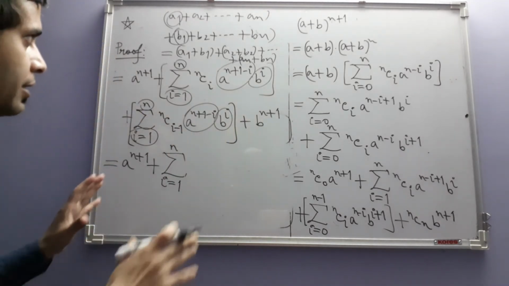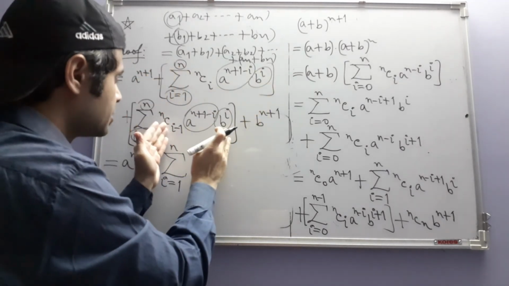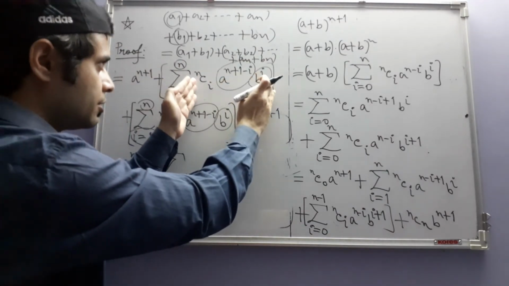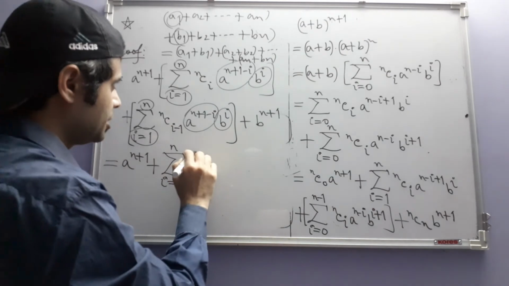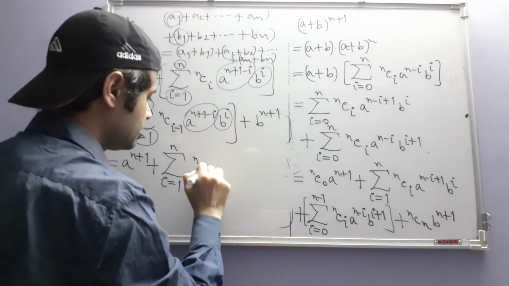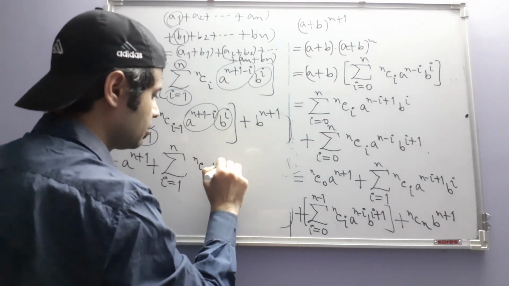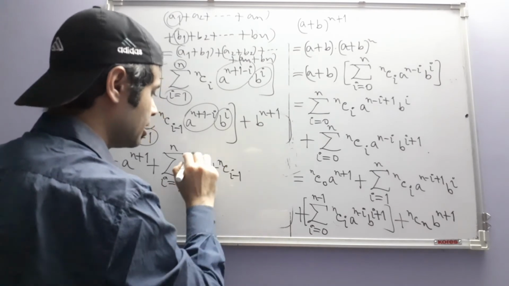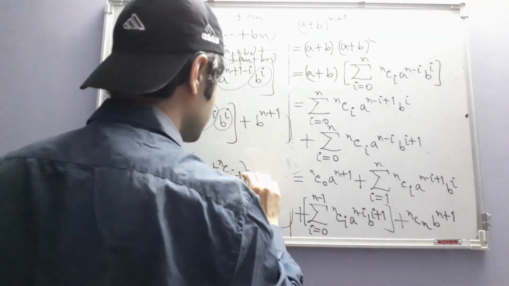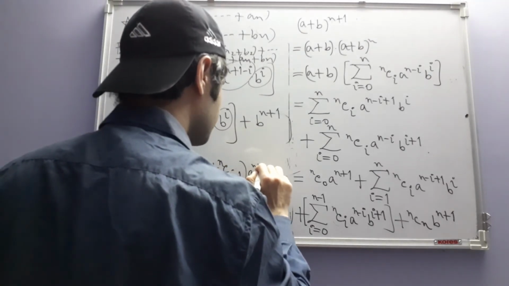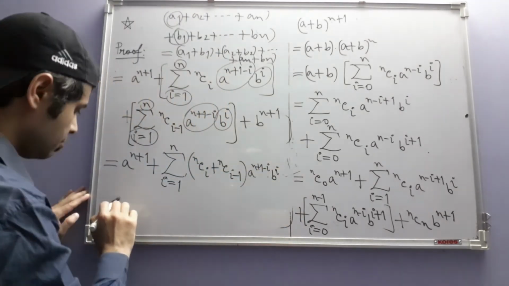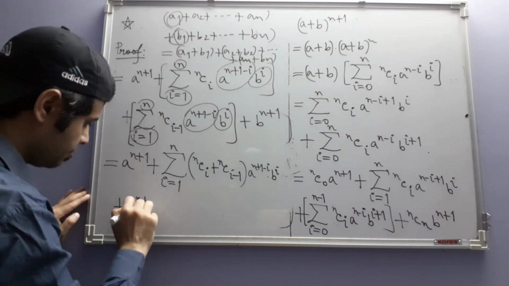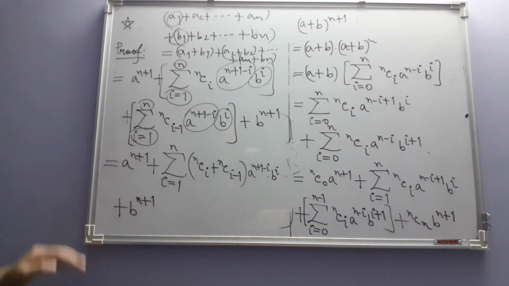So when we write this plus this, forget the summation, we can take this part common out and we can write NCI plus NCI minus 1 times a to the power n plus 1 minus I times b to the power I plus b to the power n plus 1.